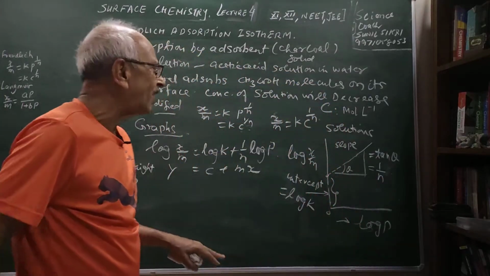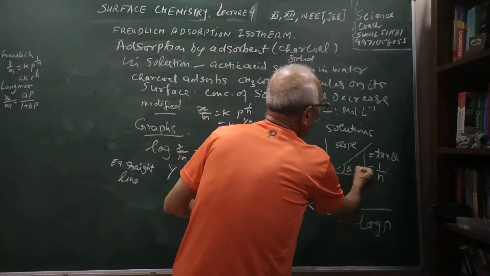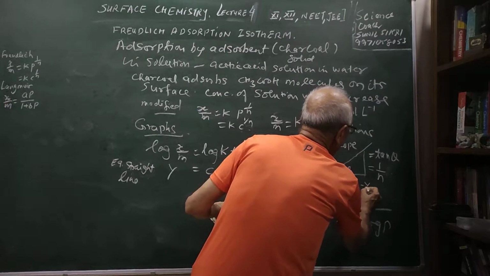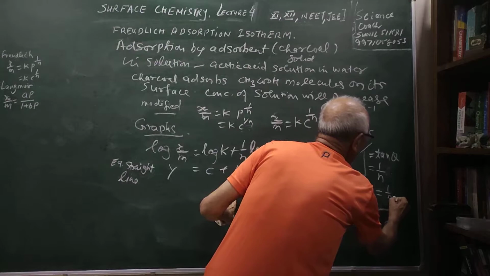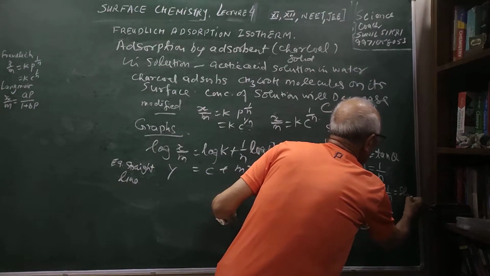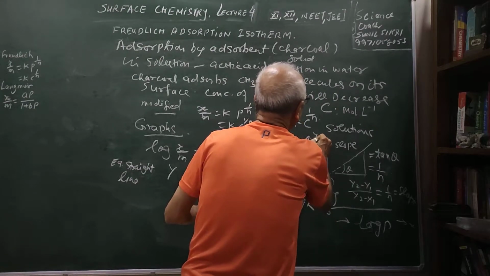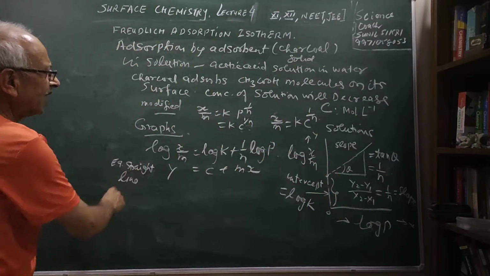You know how to find the slope: y2 minus y1 divided by x2 minus x1 is equal to 1 by n. This is my x-axis and this is my y-axis.